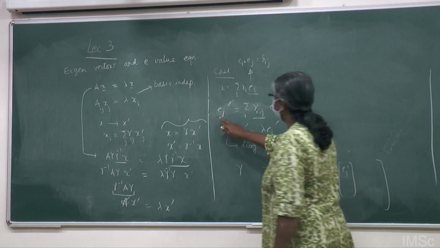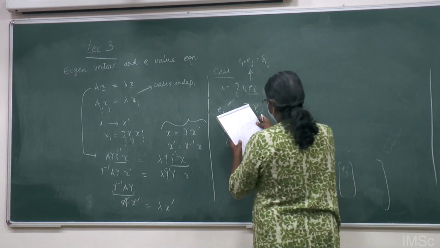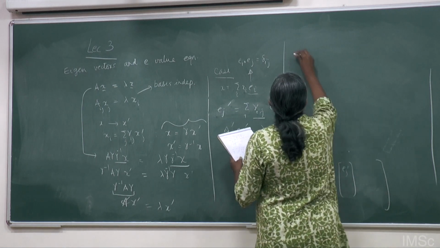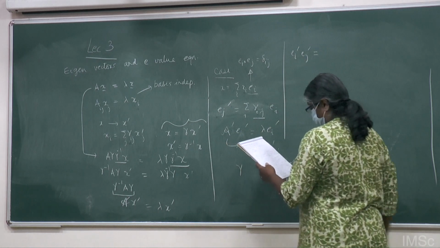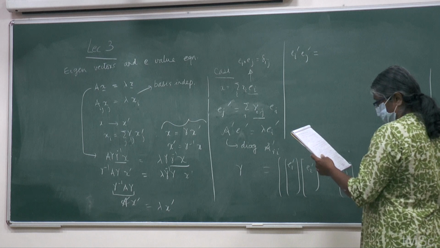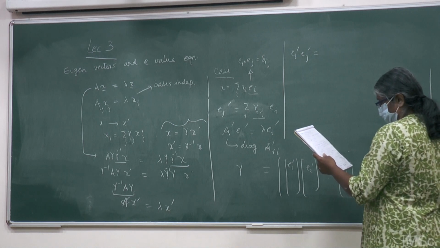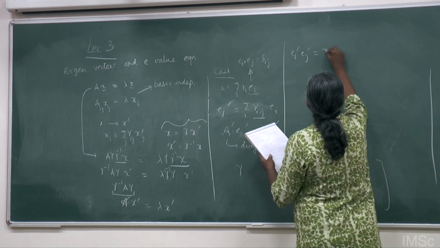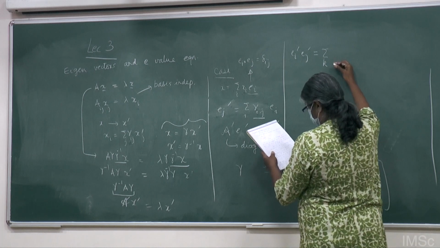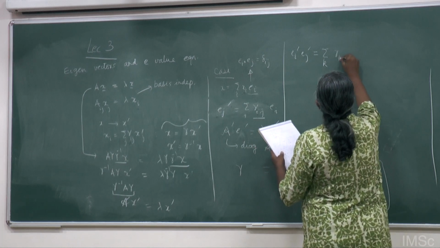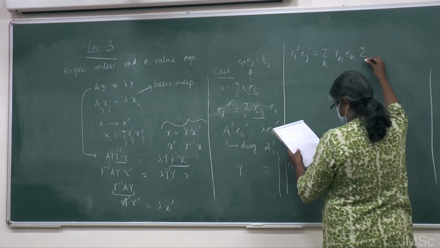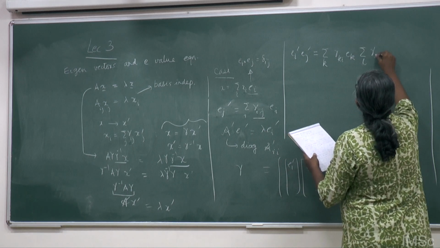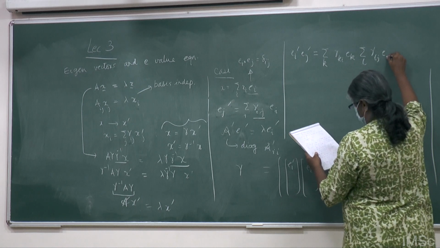So what about the Ej prime? Let us write Ei prime dot Ej prime. Let me copy it so that I get my indices right: sum over k of gamma ki Ek, dotted with sum over l of gamma lj El.